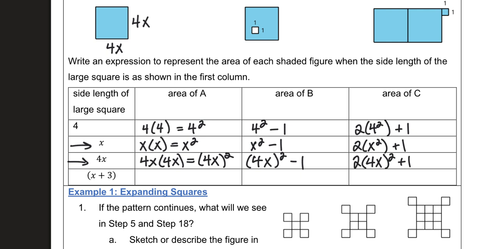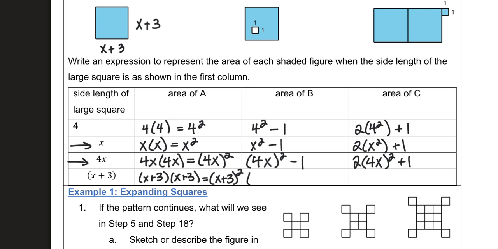And then for our last one, x plus 3, very similar to the last one because we still have more than just one number or variable there. We would have x plus 3 times x plus 3, which we could write as (x plus 3) squared.